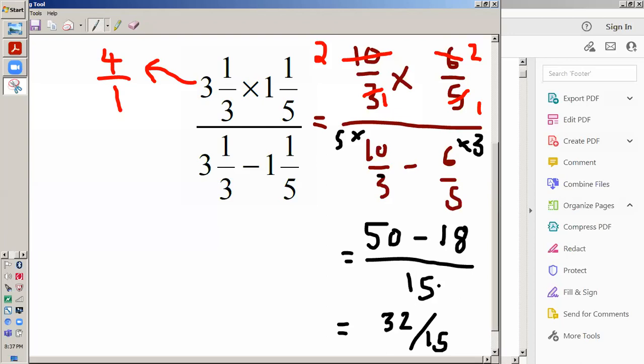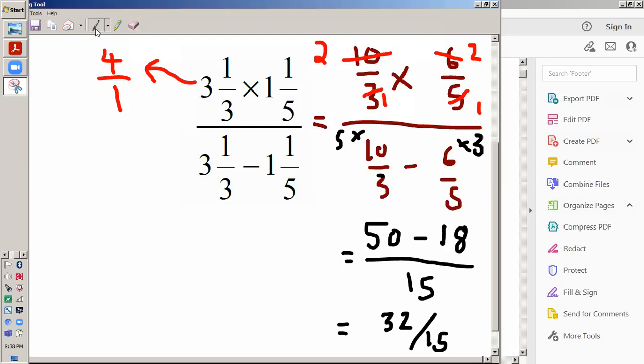Yes, sir. And do you understand why we're finding the LCM? Why are we finding the LCM? Sorry, it's the rule. All right. So the rule says that whenever we are adding and subtracting, we need to find the LCM. That's true.